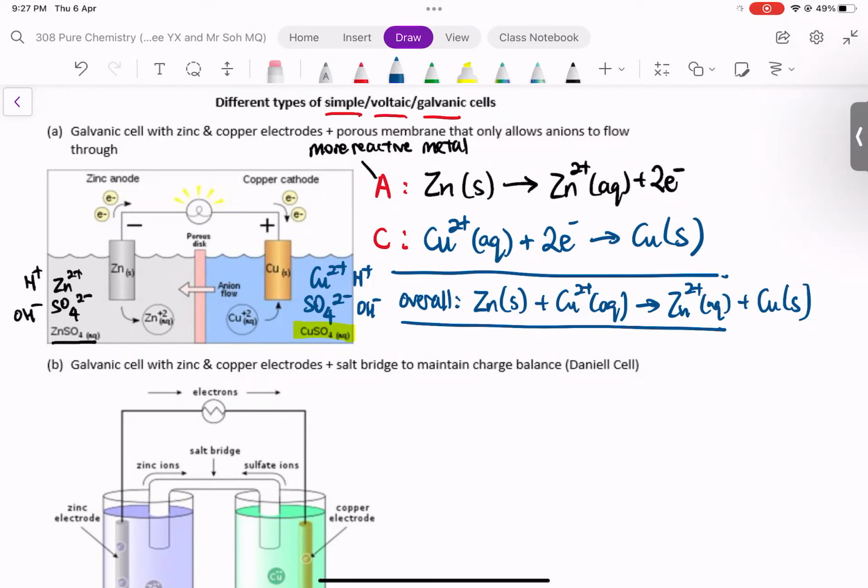It may not be good to have acids inside it. All right, so that's one reason. Another reason that I can think of why we use different electrolytes on both sides is, as you can see, perhaps by using different electrolytes on both sides, I can choose a wider variety of electrolytes.